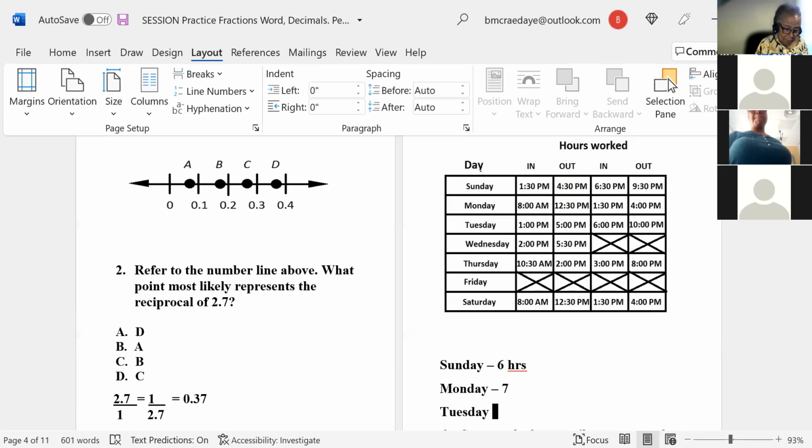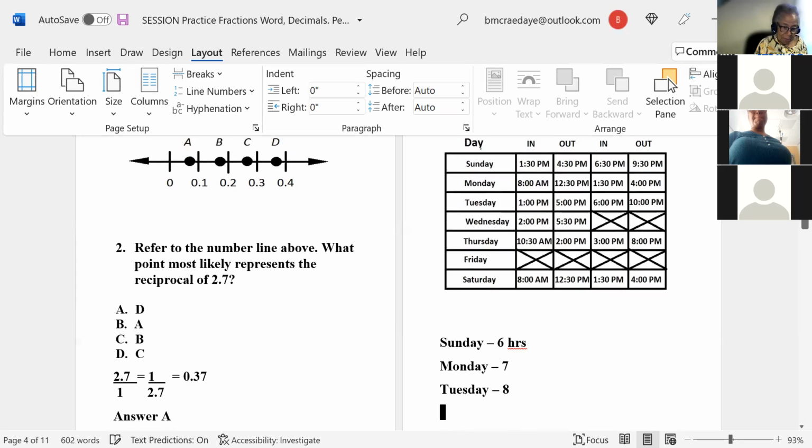Tuesday is 8. 7, 13, okay. Wednesday 6, plus 8, plus... Wednesday was 3.5. Plus 4.